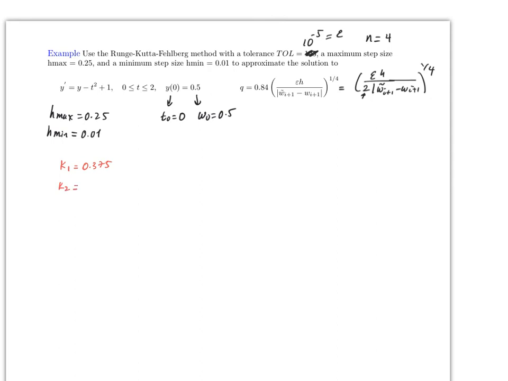Then k2 is equals to 0.3974609. k3 is equals to 0.4095383. k4 is equals to 0.4584971. k5 equals to 0.4658452.